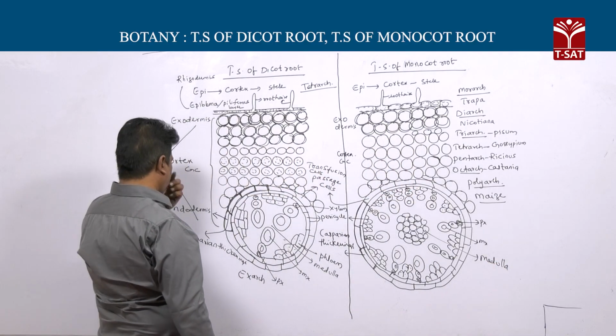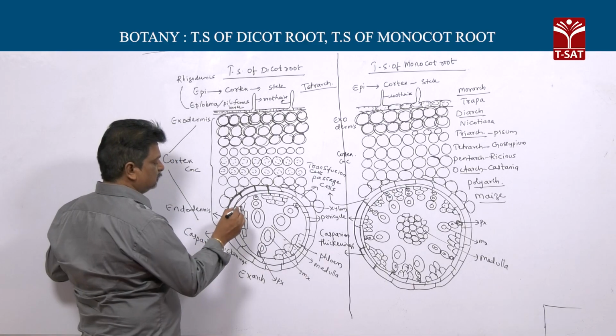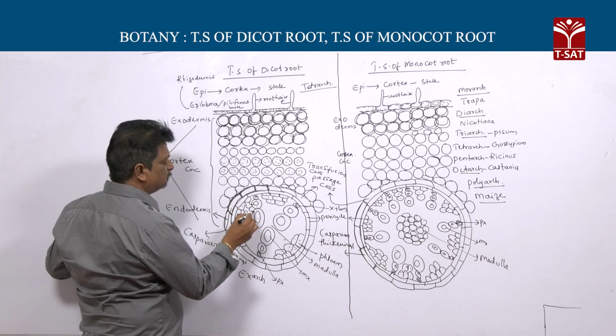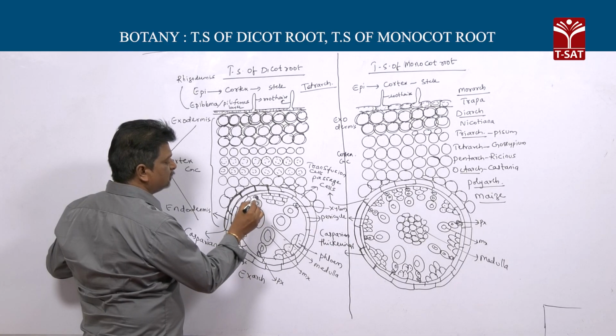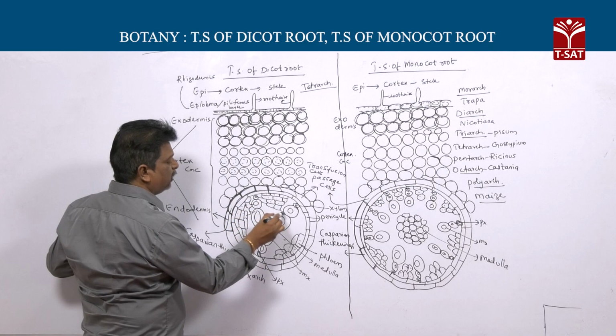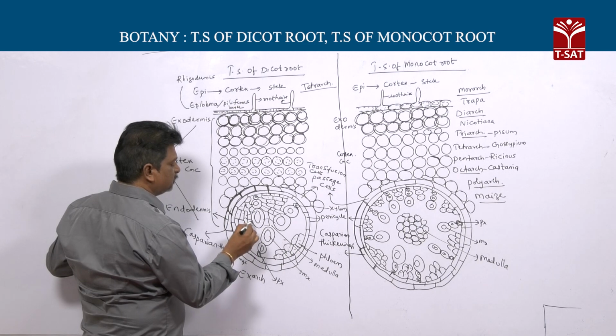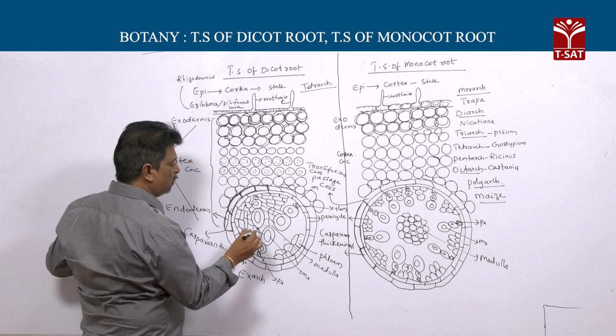Then next, root character. These vascular bundles are connected by parenchymatous cells. These parenchymatous cells are called conjunctive tissue.